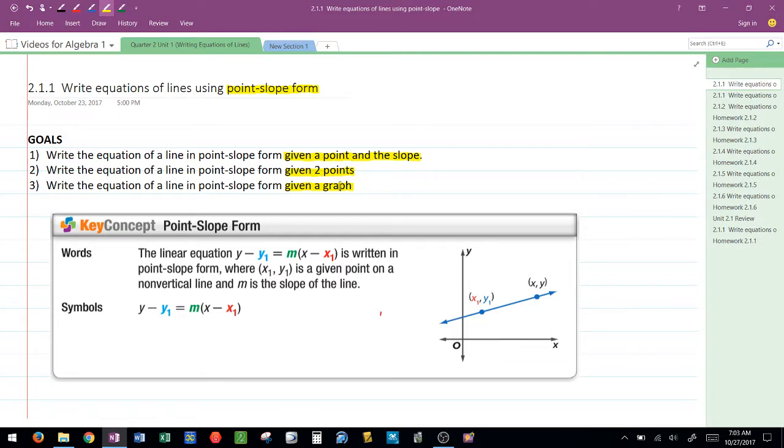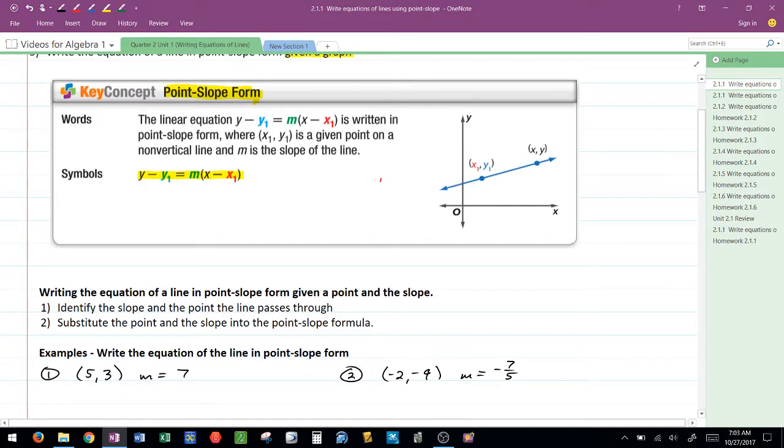In order to understand how we do this, we first have to understand what this thing called point-slope form of a line is. Point-slope form of a line is literally an equation of a line. y minus y1 equals m times x minus x1. Each of these things within this equation relies on knowing two things.